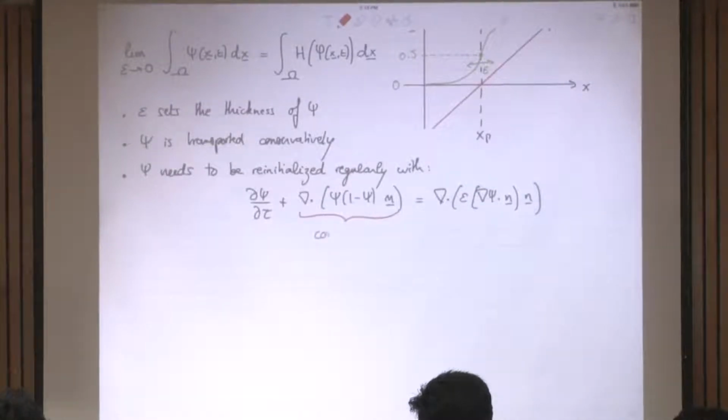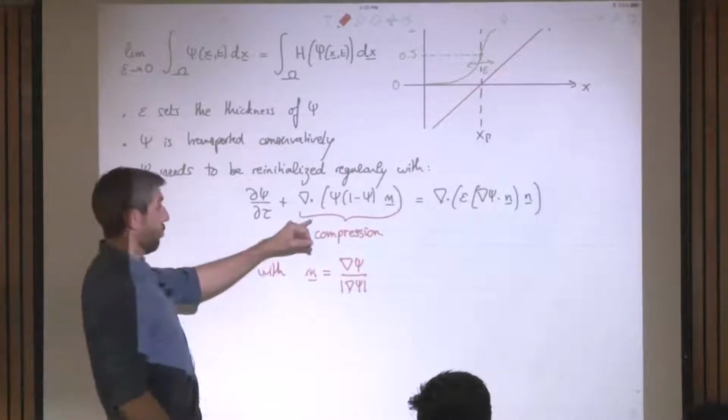This works as a compression term. This flows in the normal. I forgot one thing. I should define the normal. So with the normal vector being equal to the gradient of psi, level set style. No surprise, gradient of psi over the magnitude of the gradient of psi. This term is a compression term. Why is that?